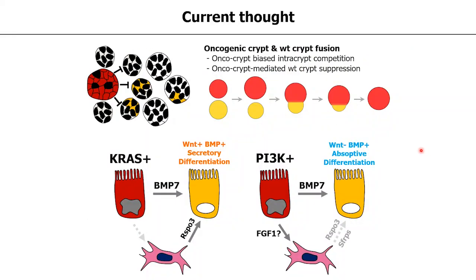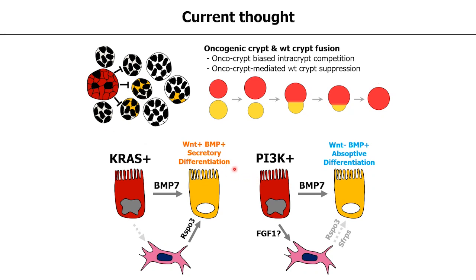So after generating this mosaic overexpression model, we were able to show that the red clone in the tissue, once it has an oncogene activation such as KRAS and PI3 kinase, can suppress the stem cell activity of the surrounding tissue.